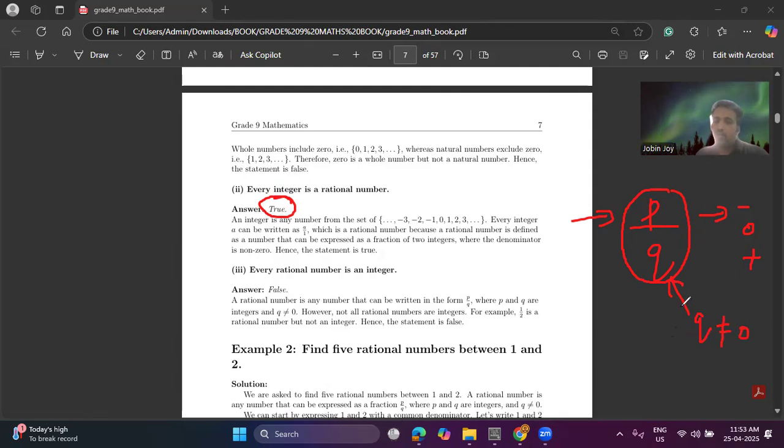However, not all rational numbers are integers. For example, 1 by 2 is a rational number, but this is not an integer. So hence this statement is false.